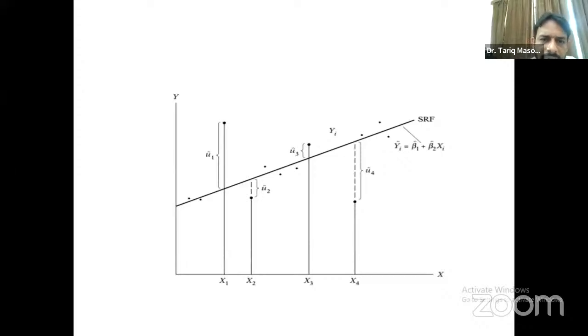All these deviations are basically deviations from the sample regression function. So we have to fit a line that is close to all these points, a good fitted line. For that we need some method. That method is the OLS method, ordinary least squares. We call it OLS.